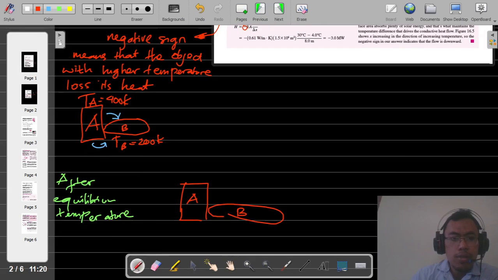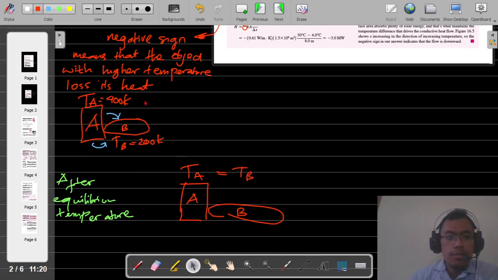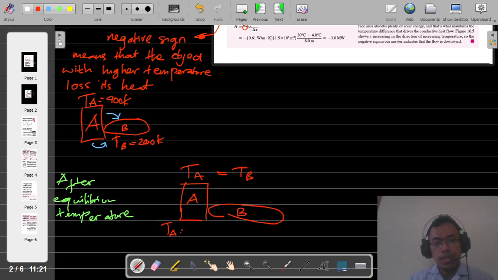The temperature of object A will decrease, from 400 Kelvin to a temperature which is lower than 400 Kelvin, let's say 300 Kelvin, and also for B it is 300 Kelvin.